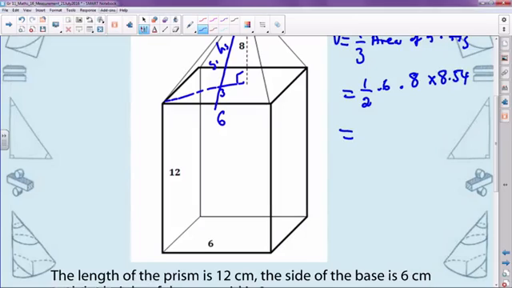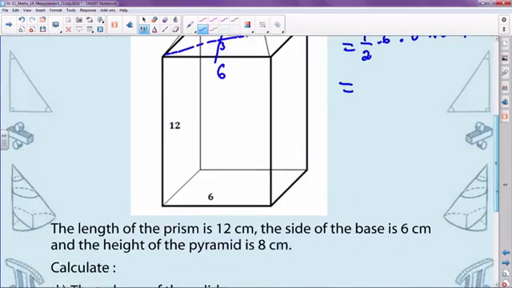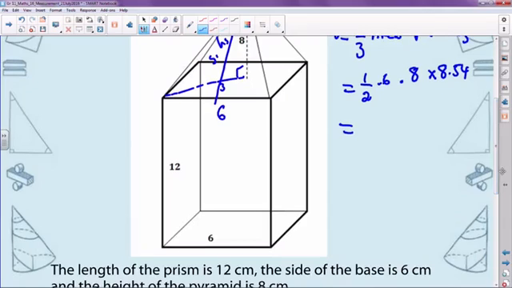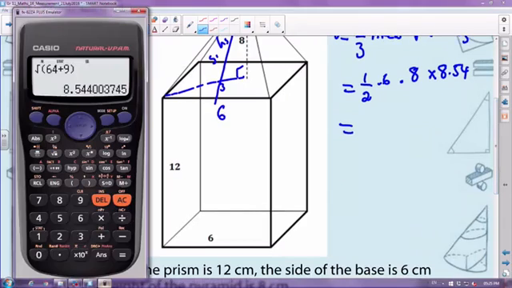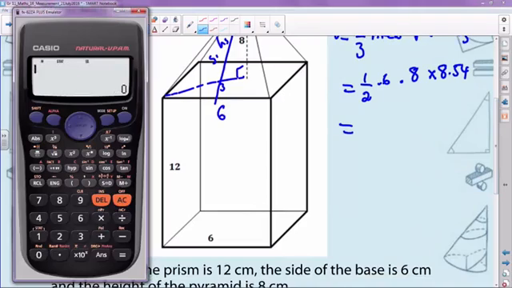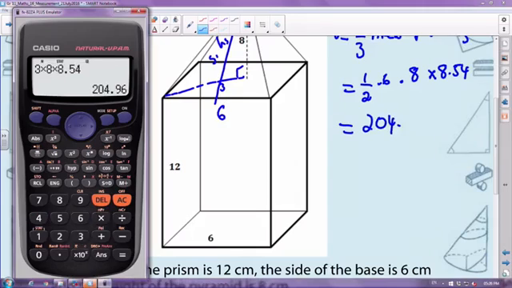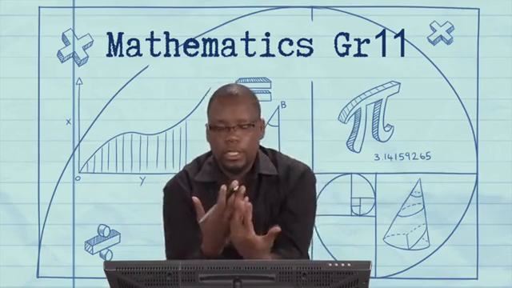So the volume of the top part will be 3 multiplied by 3, it's 3 multiplied by 8 times 8.54, and that gives us 204.96 cubic centimeters.